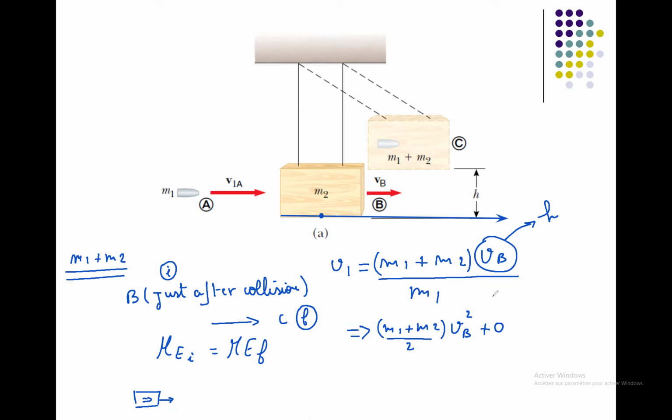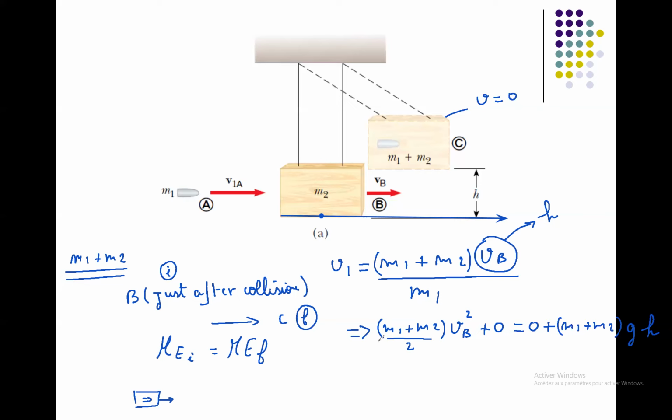The final position is here, the position C. At the maximum, we don't have velocity, so we don't have kinetic energy, but we have height h. So we have (m1 plus m2) times g h.